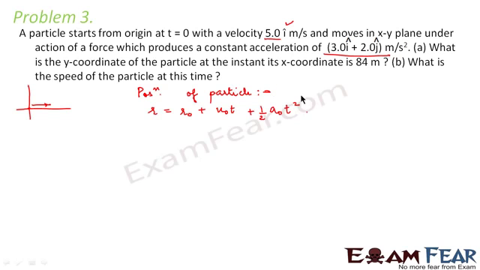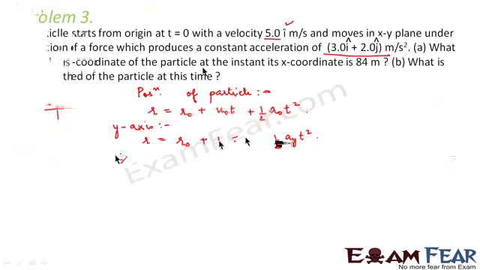Along the y-axis it would be y equal to y naught plus u y t plus half a y t square.